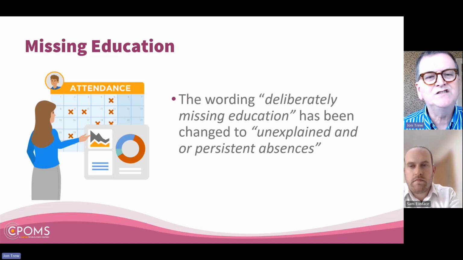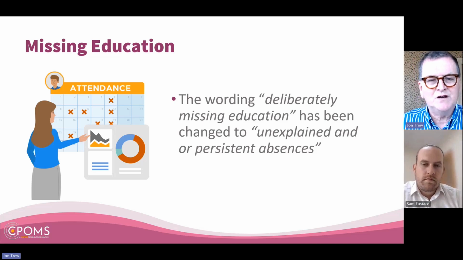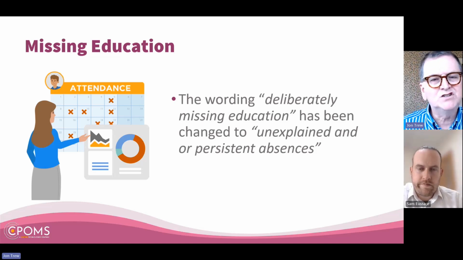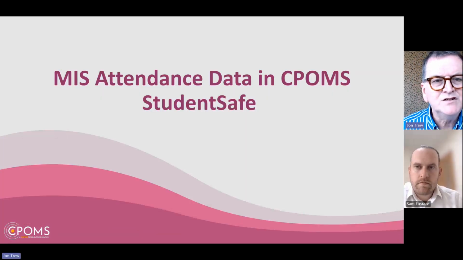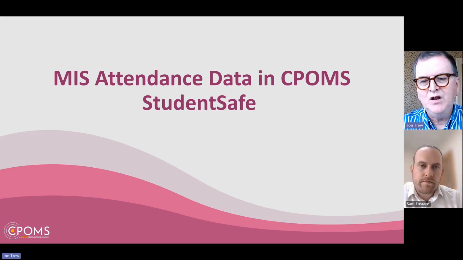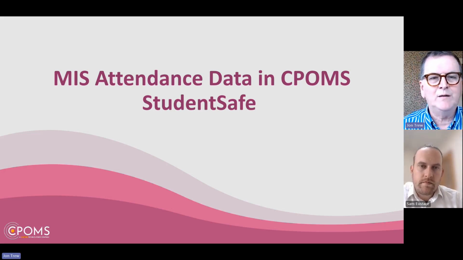And again, I think this is a move to get terms that more accurately describe what the situation is without affecting the way that we view those children and their parents. So one of the great things about CPOMS is that it links with your MIS, and enables us to look at reasons why children might be missing education.